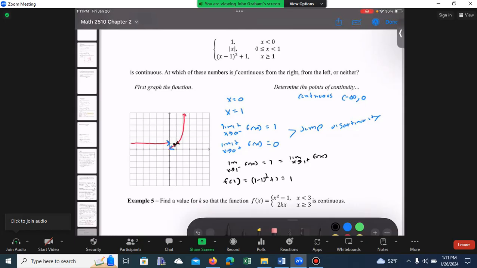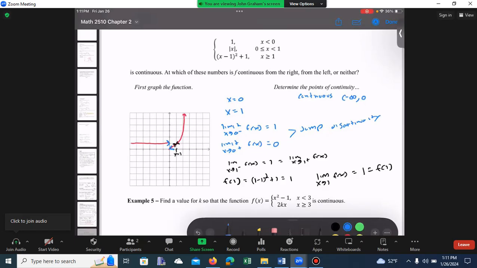That's 0, so that equals 1. So the limit as x goes to 1 of our function equals 1, which equals f of 1. So at x equals 1, you have continuity.